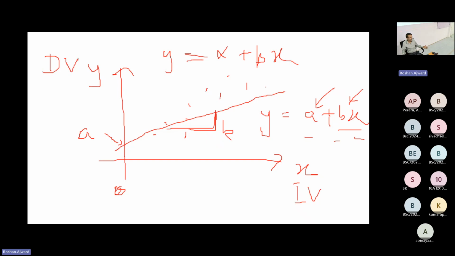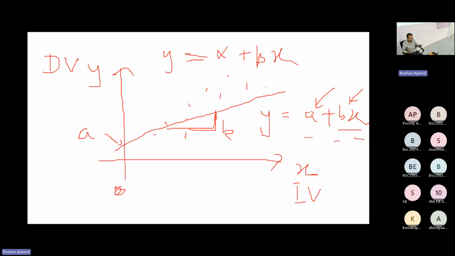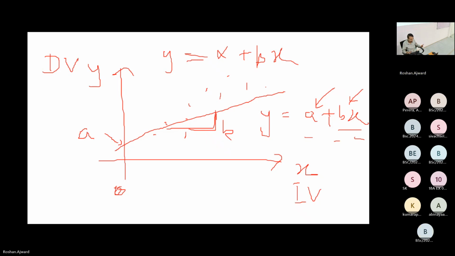Now some alpha and beta has come. So same meaning. Alpha is the intercept. Beta is the slope. Same thing. Alpha plus beta x. Right. Is this clear? This is the first thing that you have to understand. Alpha plus beta x, a plus bx, and maybe alpha plus beta x. Is it clear?